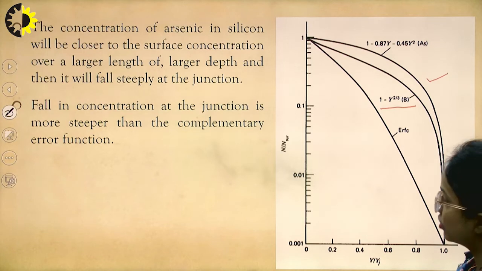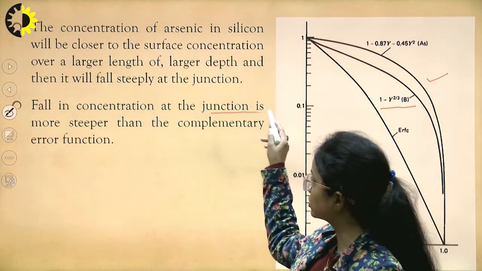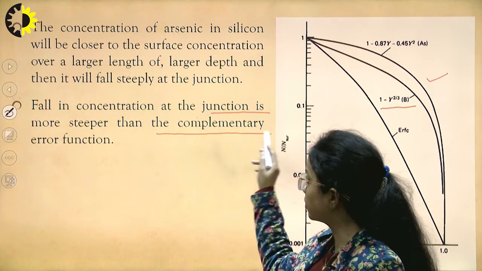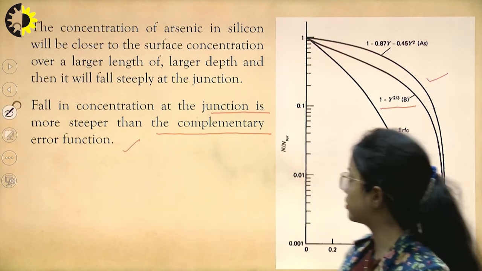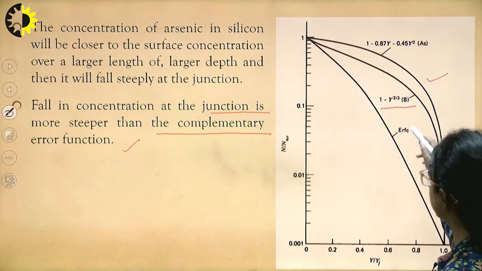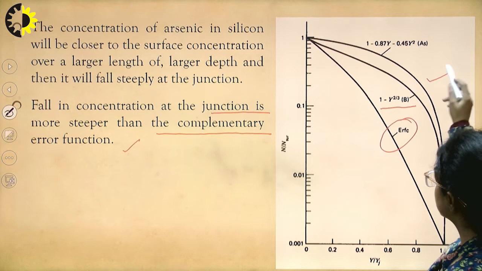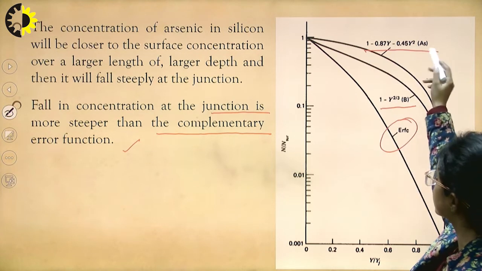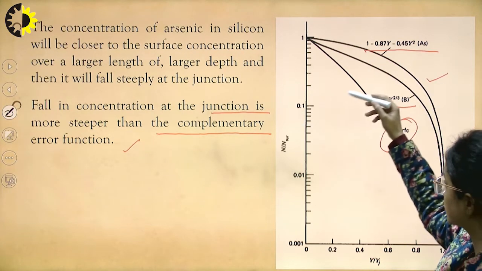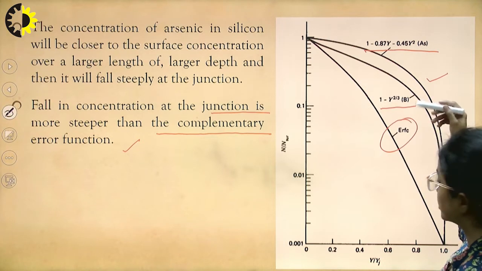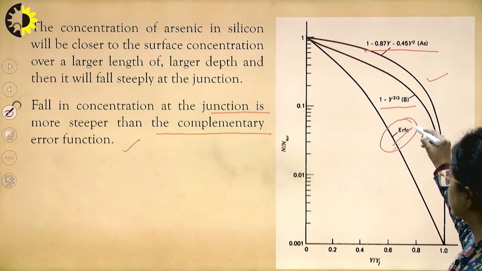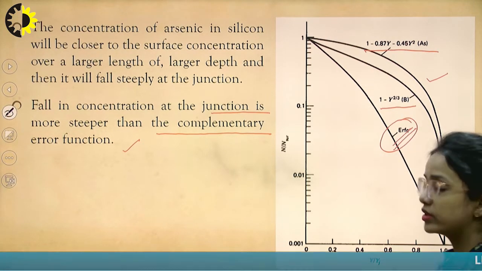The fall in concentration at the junction is steeper than the complementary error function. So this is the error function and this is the profile of arsenic.